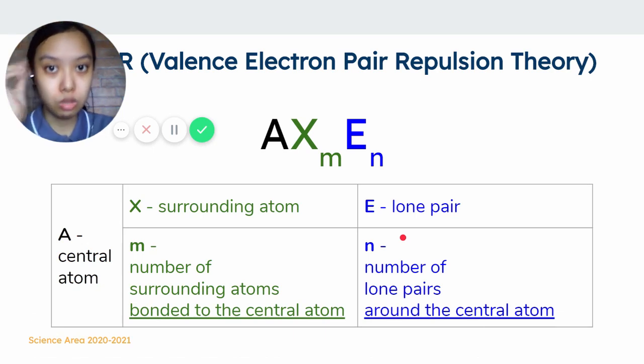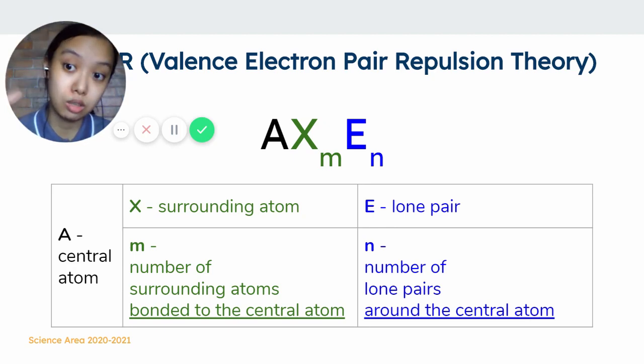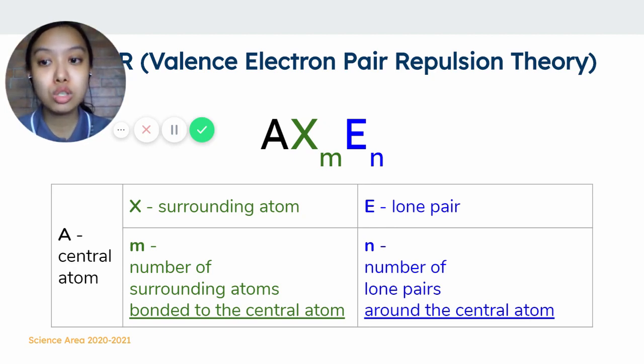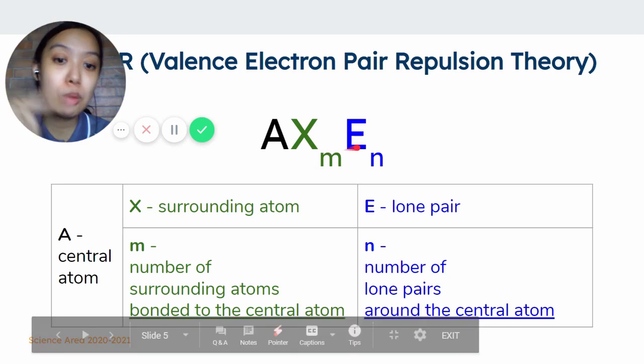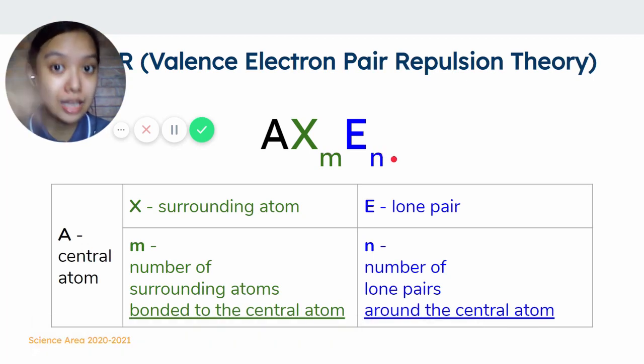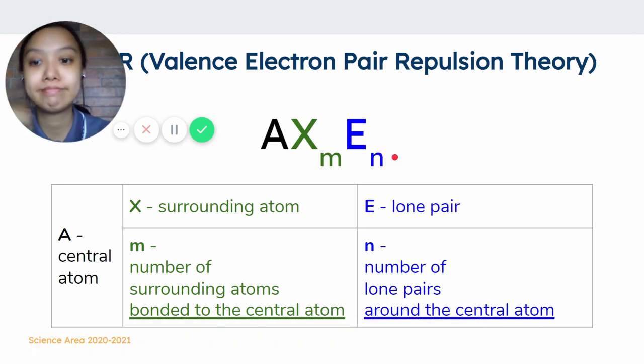So the first skill that you need is to identify which are your lone pairs and which are your shared electrons. And you also should be able to determine how many atoms are attached to the central atom, and how many lone pairs are there in the structure.